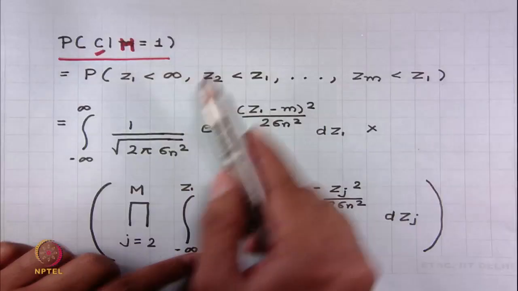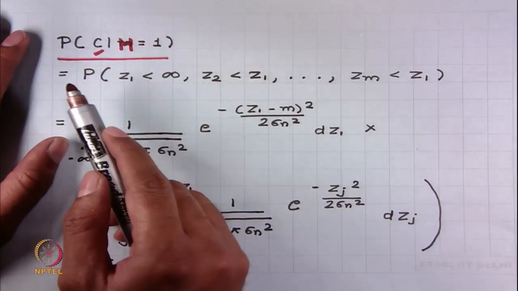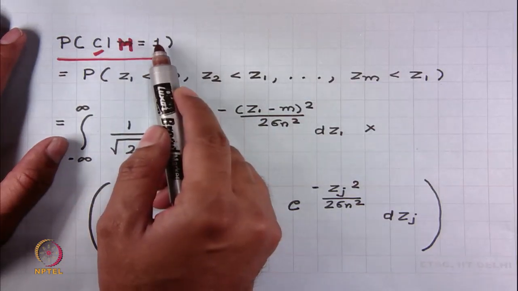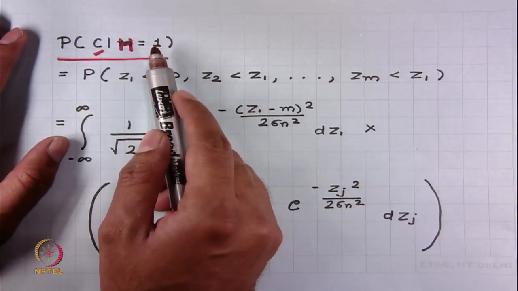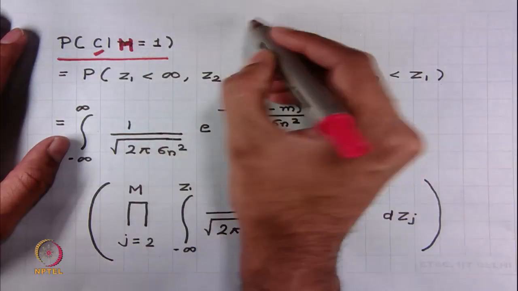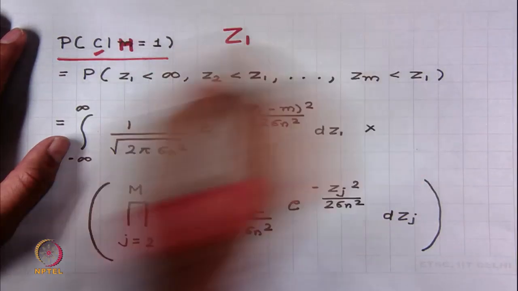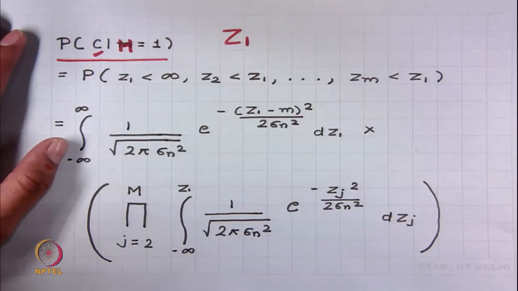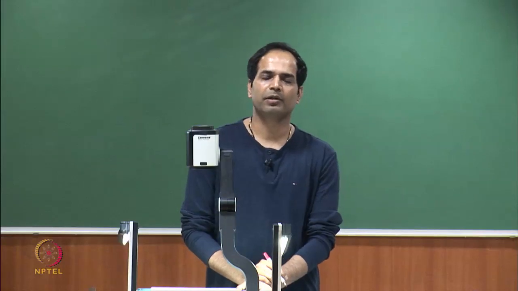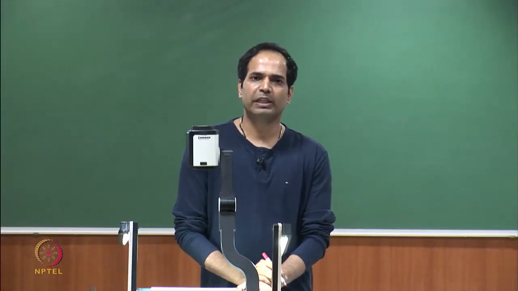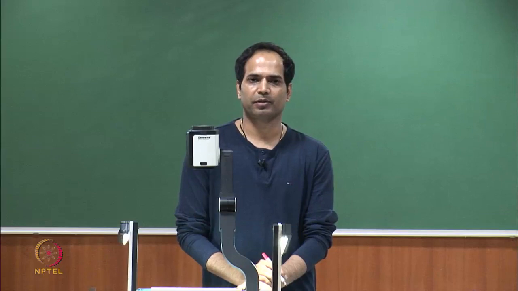Given that we have transmitted hypothesis 1, what would you like to have? You would like the numerical value corresponding to random variable Z1 to be the largest, because when the numerical value of Z1 is the largest, your detector will choose the first hypothesis.